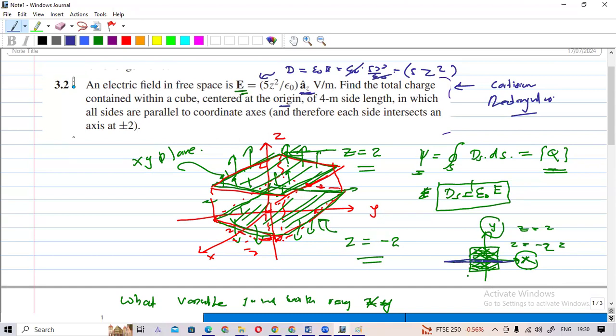So this cube is centered with 4 meter. So what is the x limit? That is very easy. That is the only thing you need to understand, with respect to which parameter we should do the integration. Then you need to verify the limits.